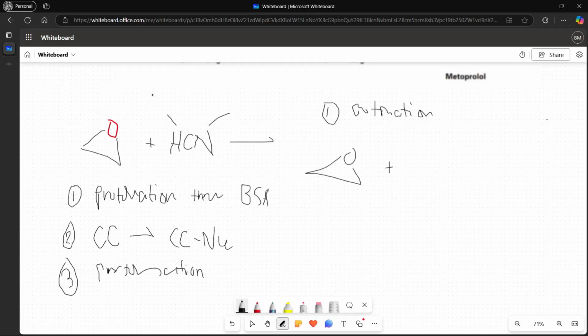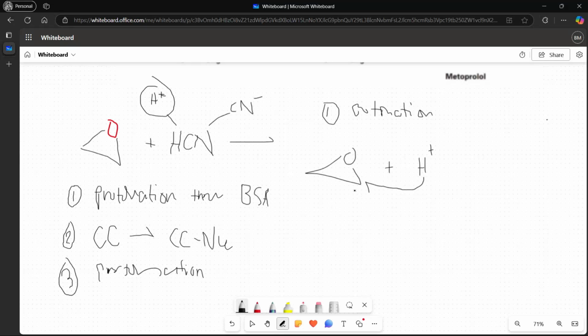So this is H plus and CN minus. We'll look at H plus first. So H plus is going to attack this carbon over here, which is your most substituted carbon.